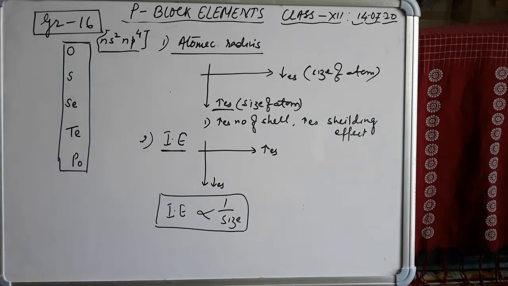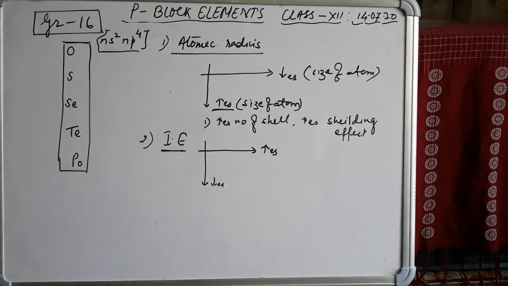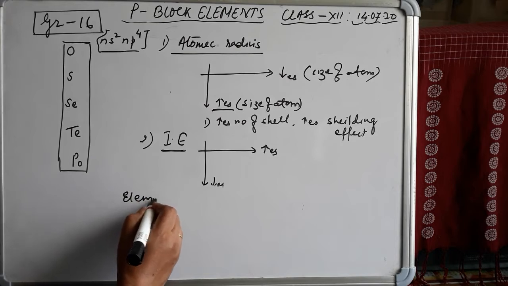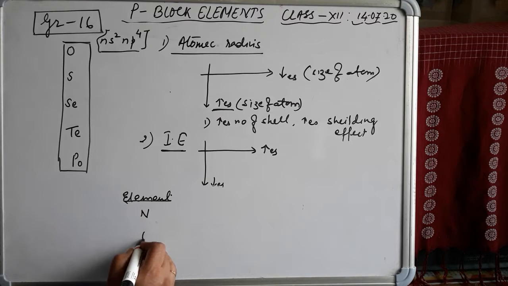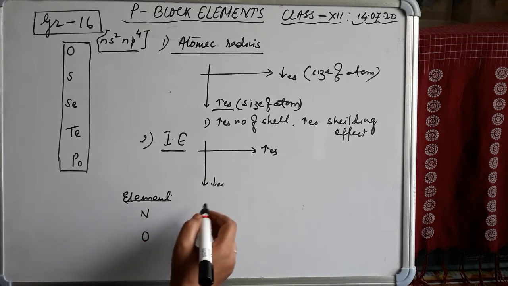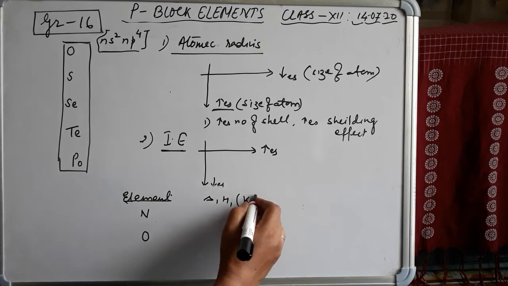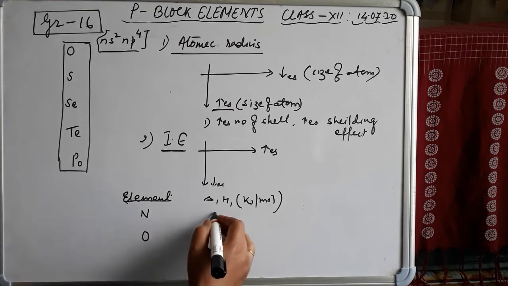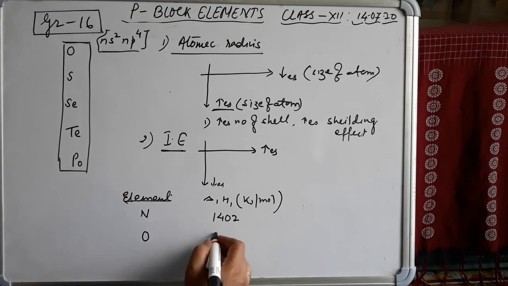But if we compare the ionization enthalpy with group 15 members, like nitrogen of group 15 and oxygen of group 16, the first ionization enthalpy, in kilojoule per mole, of nitrogen is 1402 and the first ionization enthalpy of oxygen is 1314.